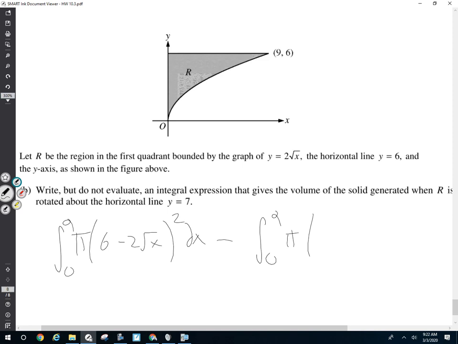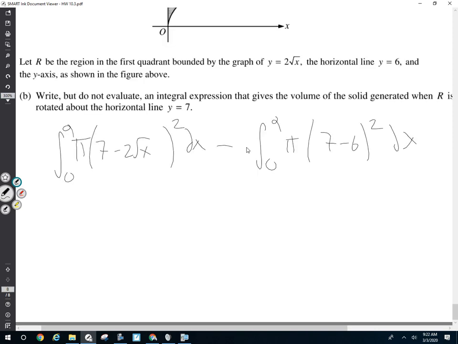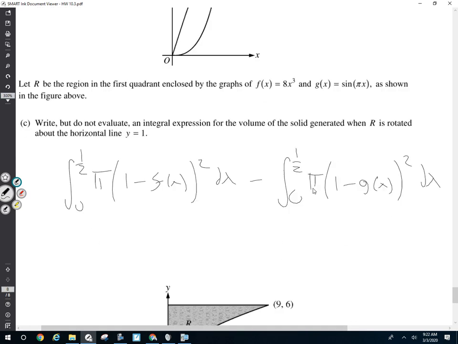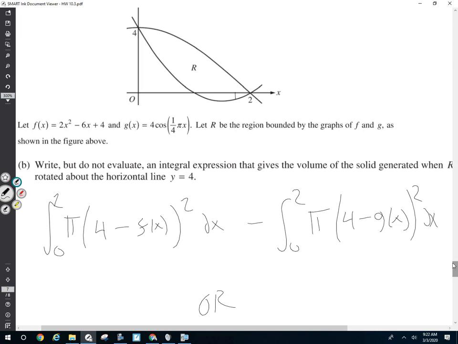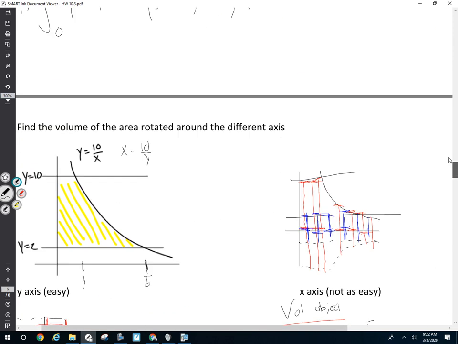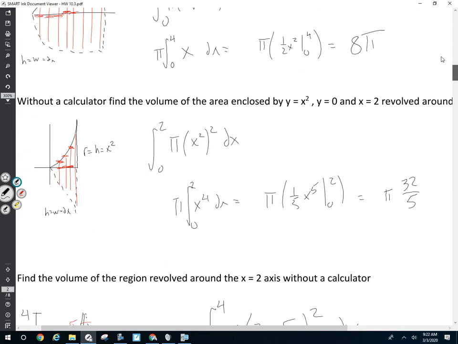Oh my gosh. Wrong. 7 minus 2 root x. 7 minus 6. Okay, if you don't see where this comes from, draw the picture. I'm happy to show you. But yeah, this is a doozy of a lesson. You really have to understand what's going on. Good luck out there.